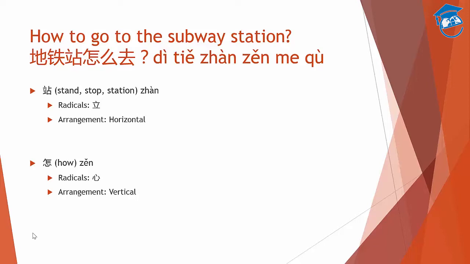So for descriptions, you always put that in front of the verb. So in this case, the verb is 去. So you place it in front of the verb 去. Okay? So just remember this. If you are going traveling, you can always use this word to ask how to go to somewhere.